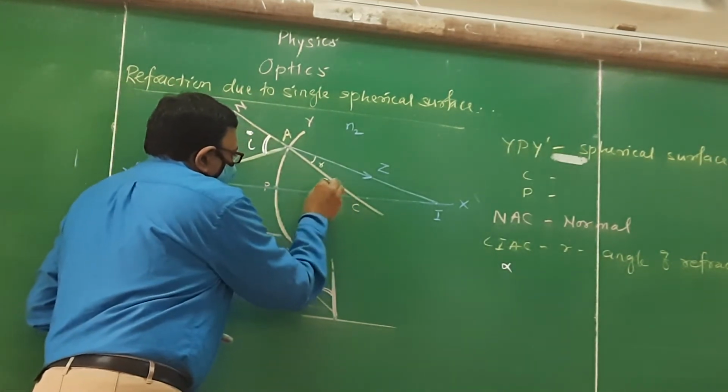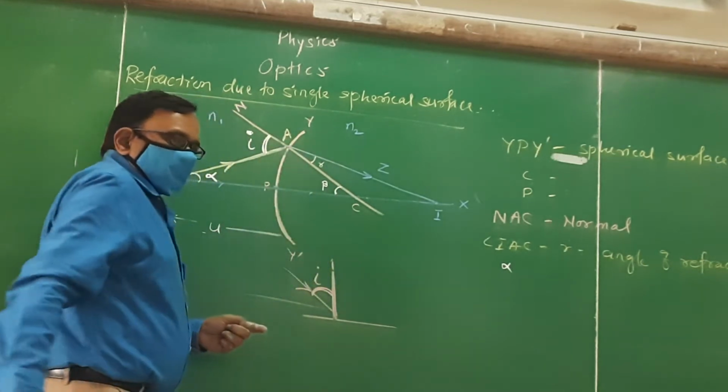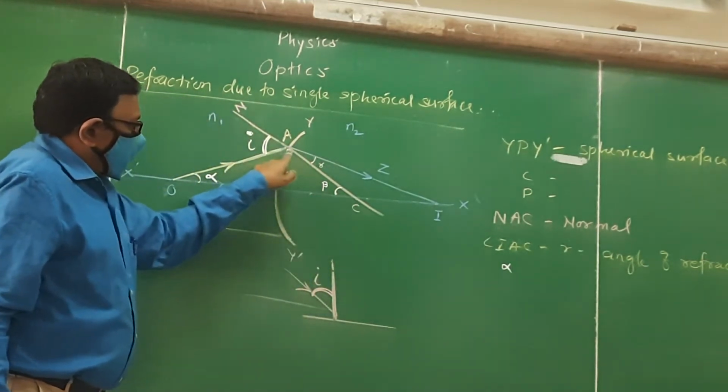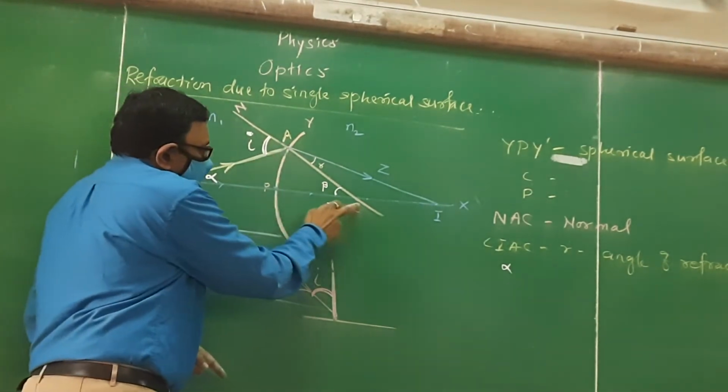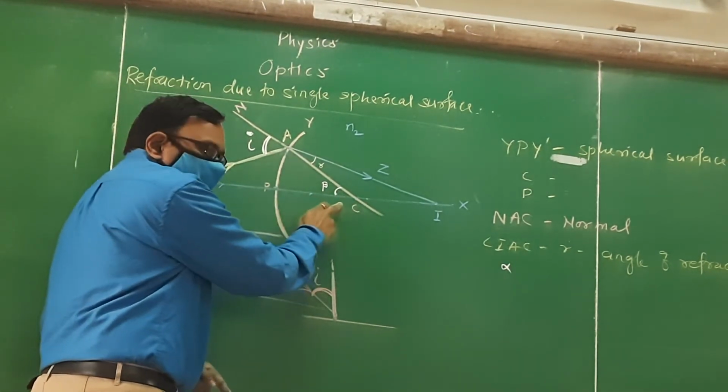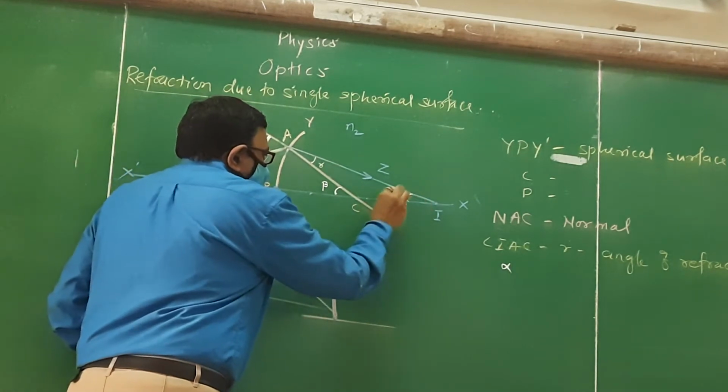This one is the angle called beta. Beta is the angle made by the normal with the principal axis, and here it is gamma.